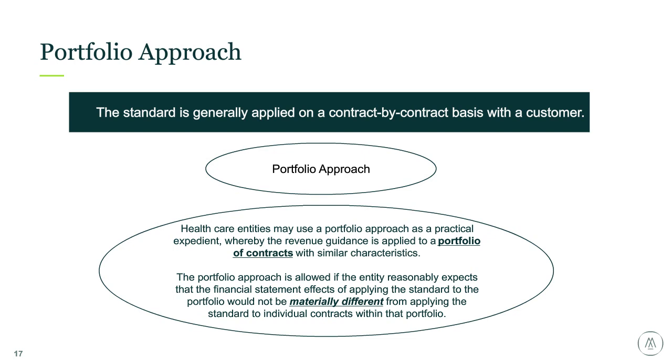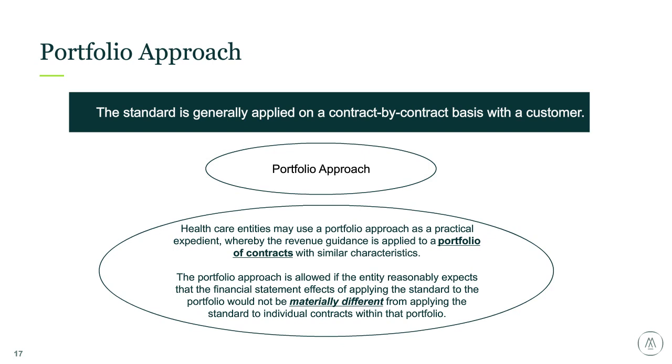And the standard, of course, is generally applied on a contract-by-contract basis with the customer. So if you think about that in a healthcare perspective, applying this on a contract-by-contract basis to each individual patient sounds like that would be awfully hard to do.